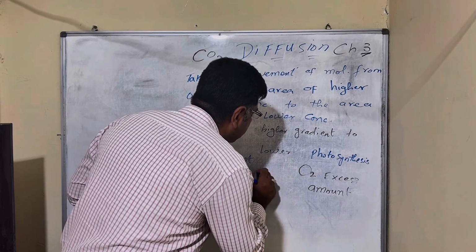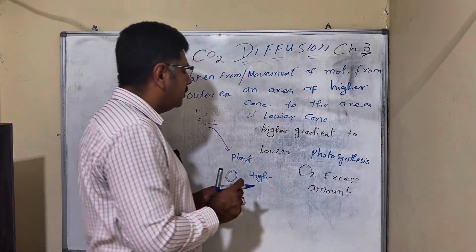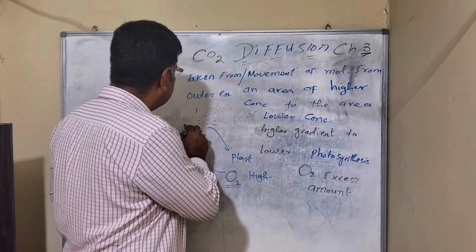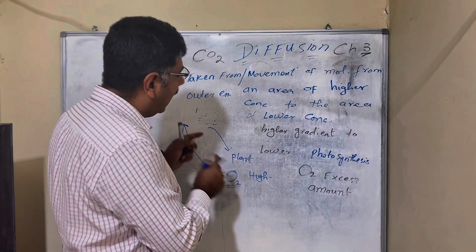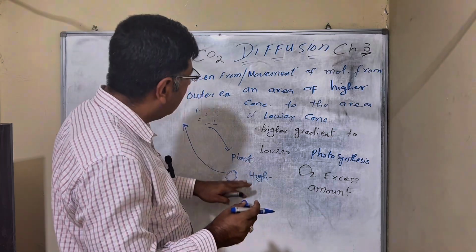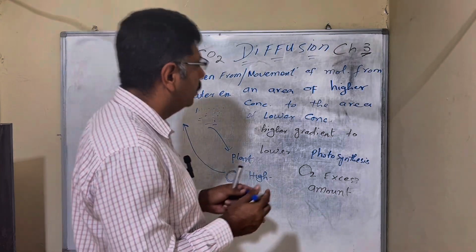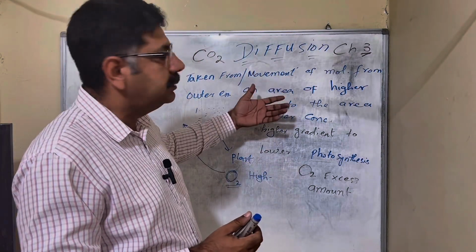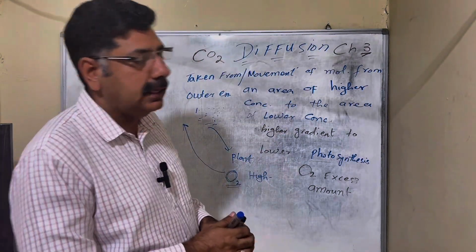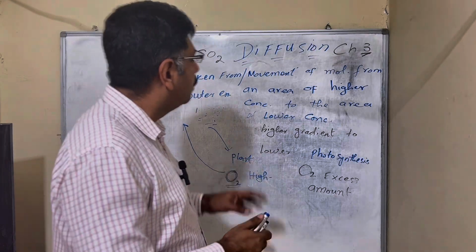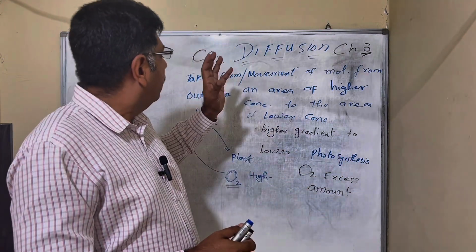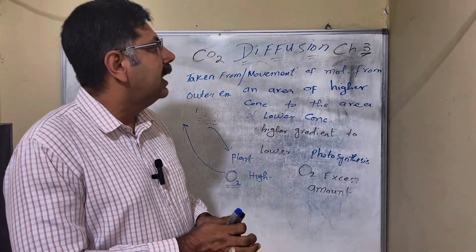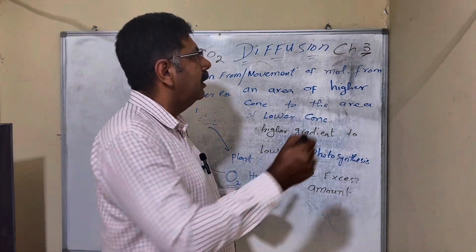So when the concentration is high here, it will be diffused out. So in and out, diffuse in and diffuse out. So molecules are coming in and going out as a result of the diffusion. So this is one of the work that diffusion is performing inside the living organism.